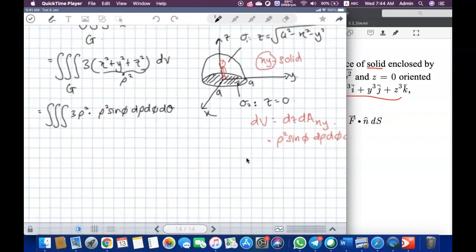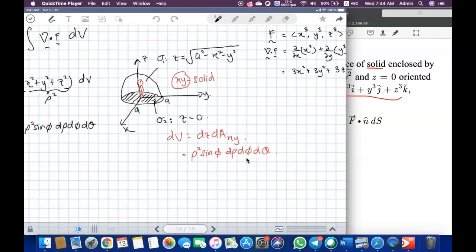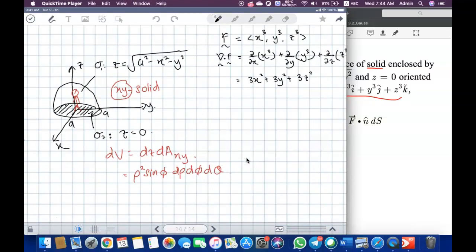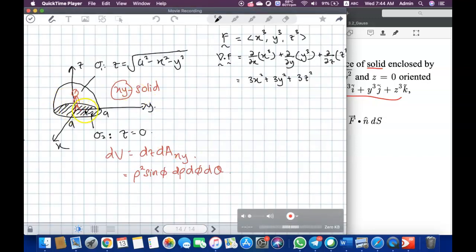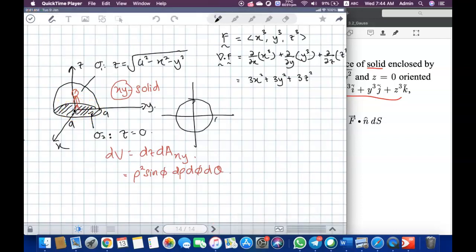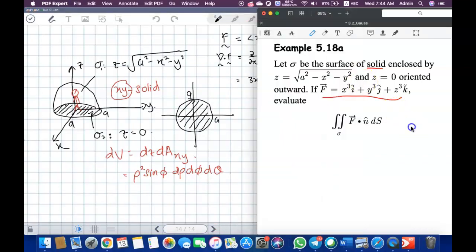Okay, so your theta is part of your origin. How can you determine the theta? What is the angle which is lying on the xy plane? You can see that you have a complete circle, right? You got a circle with radius a, and it is a complete circle because they don't mention anything here about the octant.